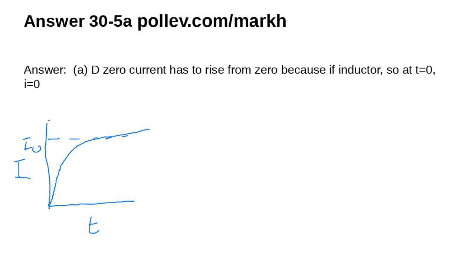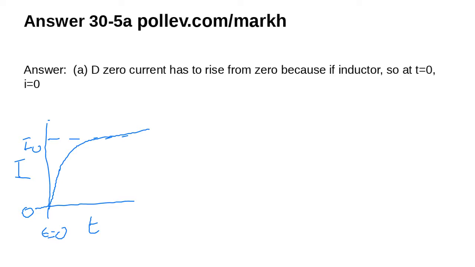So at the very instant of time where we check at t equals 0, that current is 0. So we've got 0 current flowing through our circuit.